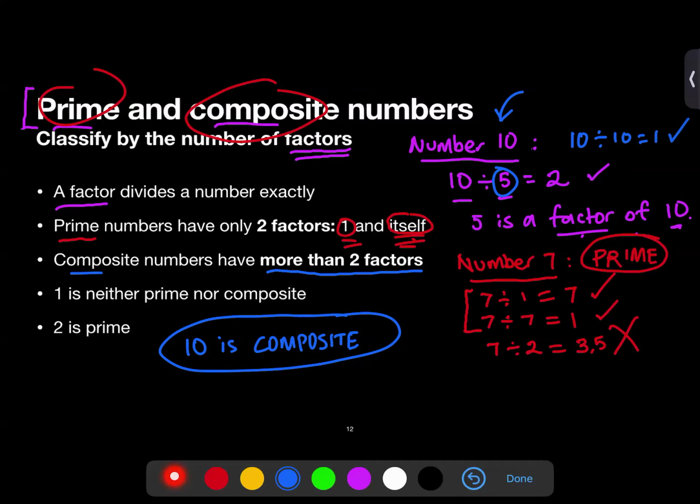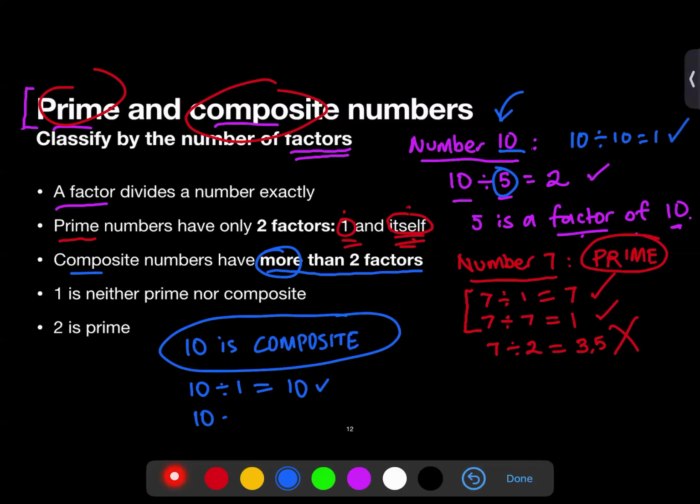So remember, prime numbers have only two factors, 1 and itself, right? But composite numbers have more than two factors. So it'll have 1, it'll have itself, but it'll also have other numbers. So number 10 has a factor of 1. See, 10 divided by 1 is 10. That's exact division.